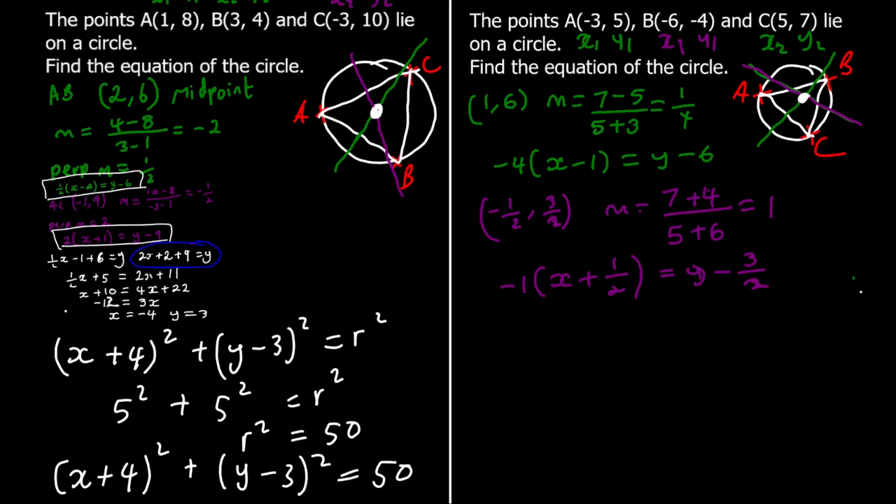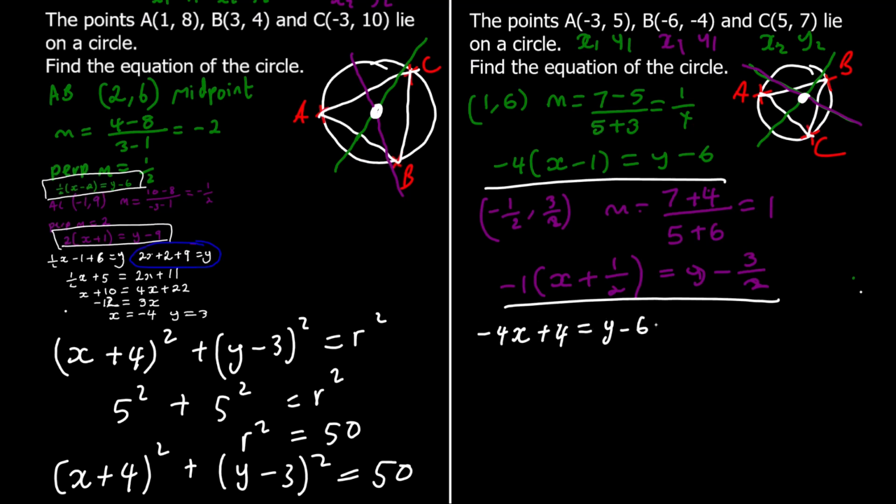So we've got two equations. If we solve them simultaneously, we can find the center. So let's make them y equals. For the first one, expand the bracket, -4x plus 4 equals y minus 6, plus 6 to both sides.